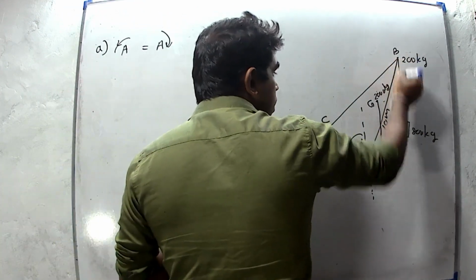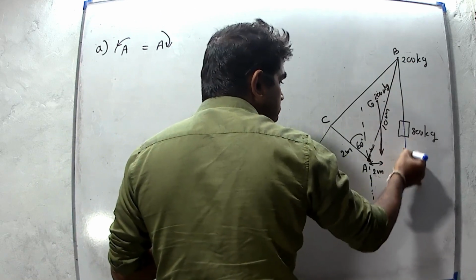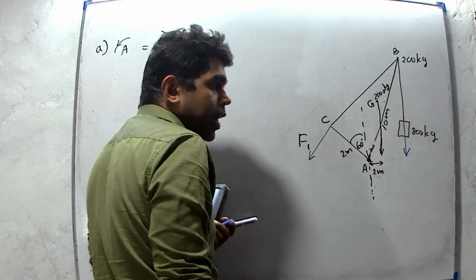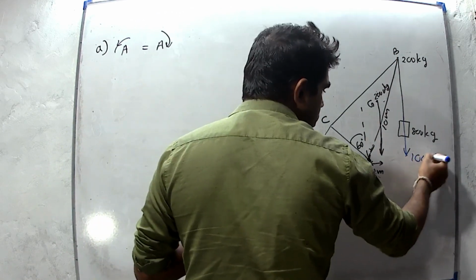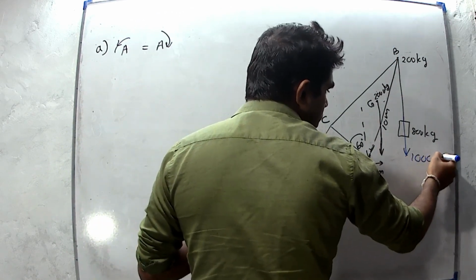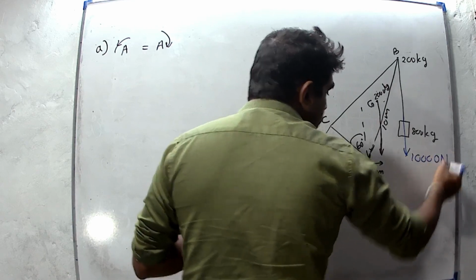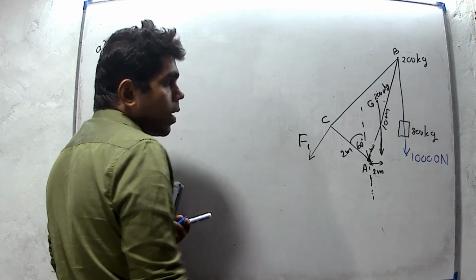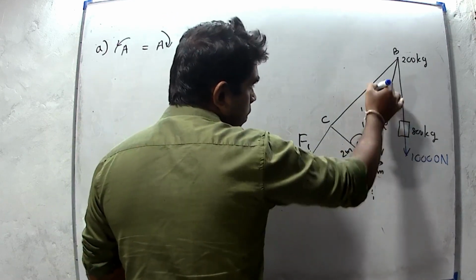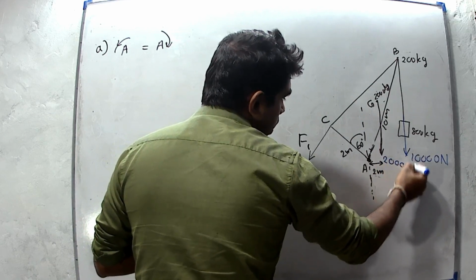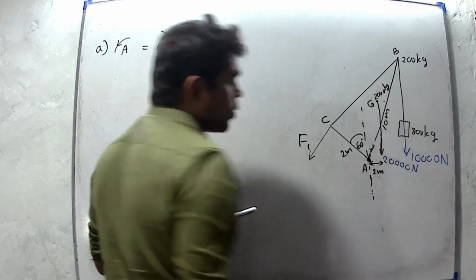Therefore, we get a force along this action line of 200 plus 800, 1000 kilograms. Using force, that is 10,000 newtons. And due to the mass of the arm, 2000 kilograms, there is a force of 20,000 newtons.